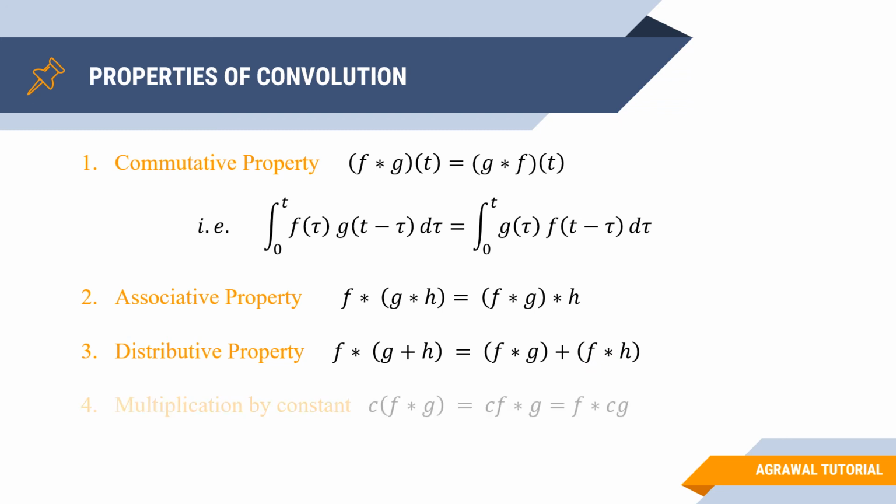Next is multiplication by constant property, by which if a constant, let say c, is multiplied by convolution of f and g, then we can also write it as c into f convolve g or f convolve c into g.